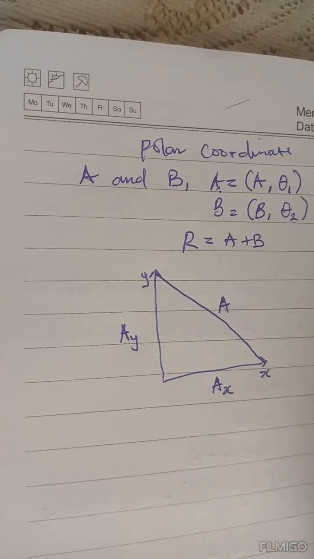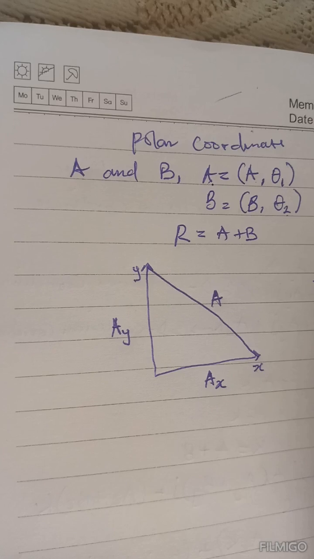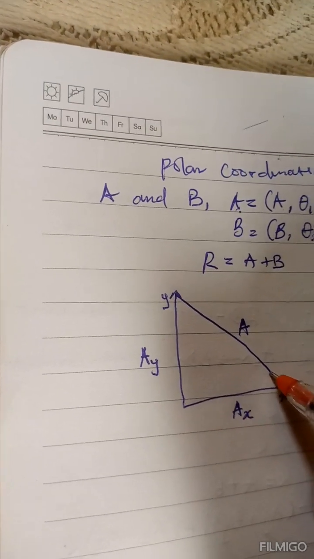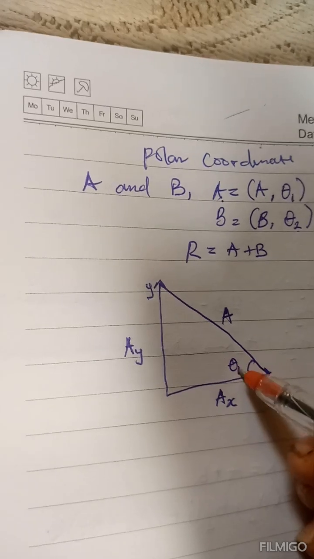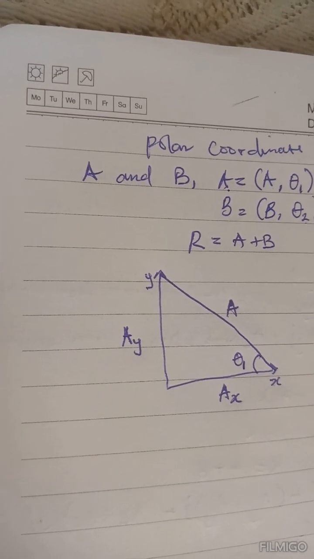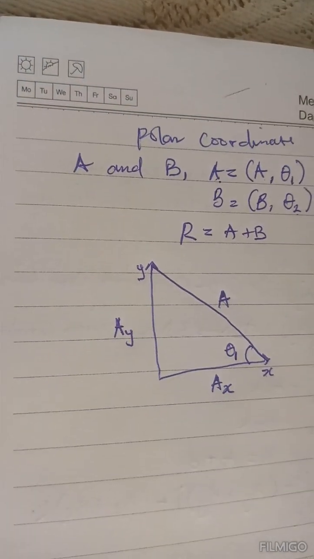And remember, I'm supposed to have an angle. So my angle is what? Theta 1. Okay, so I think that is clear.